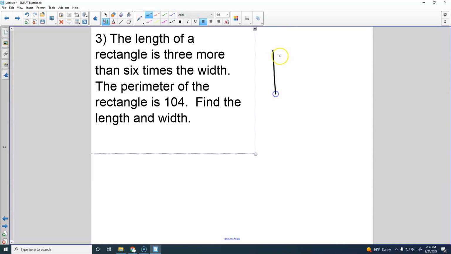So, I've got my width here. It tells me what the length equals, and we're going to have to write an equation for that. So, Lanaya, how would I write an equation for that? The length of a rectangle is 3 more than 6 times the width.